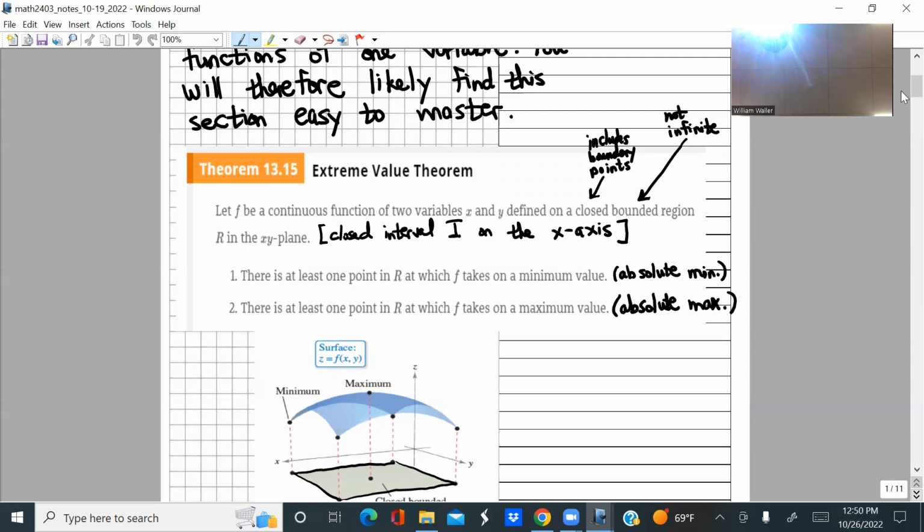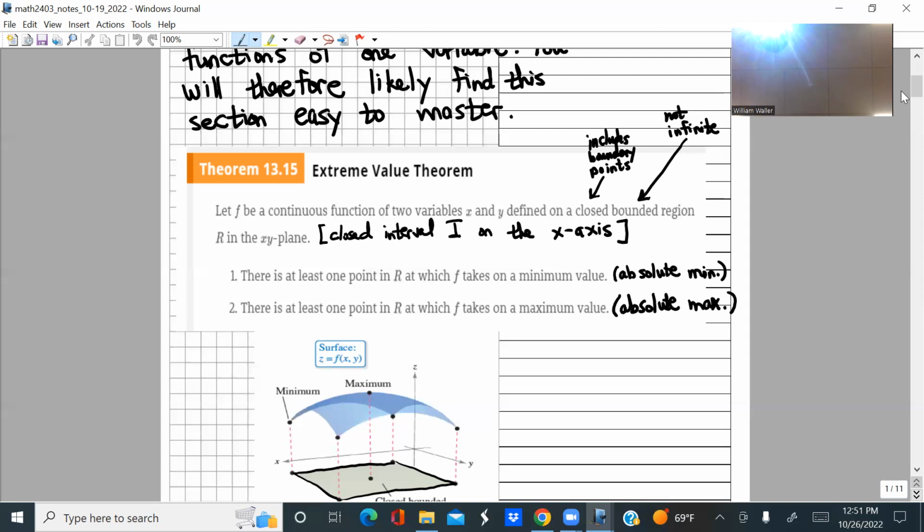Okay, that's called the extreme value theorem. Right. So here's a picture of that situation. So again, if you have a function of two variables that generates a surface, and your domain is a closed region in the xy plane, so a region that contains the boundary, it doesn't have to be a rectangle.